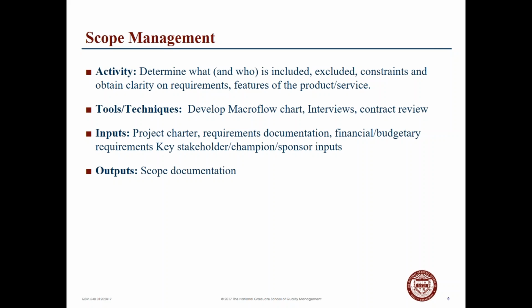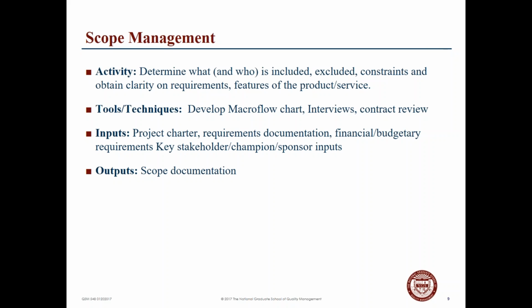What are the constraints? That could be supply constraints, resource constraints, time constraints, other areas that are going to restrict what you may be able to do in terms of seeking clarity for your requirements for whatever feature, product, or service you may be looking at creating or improving in this project.